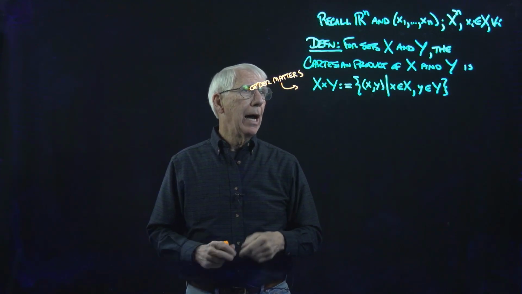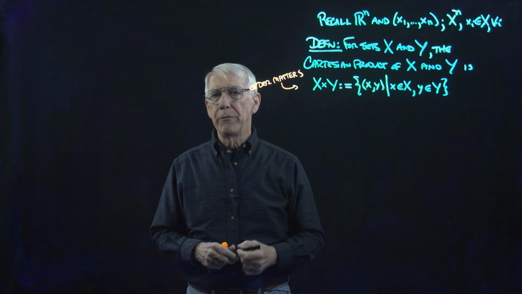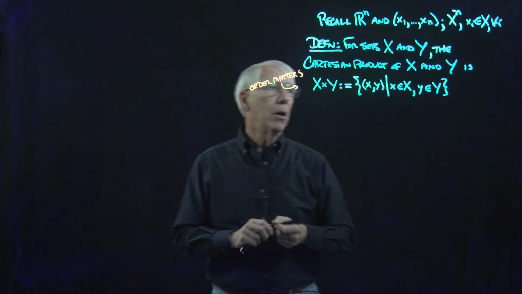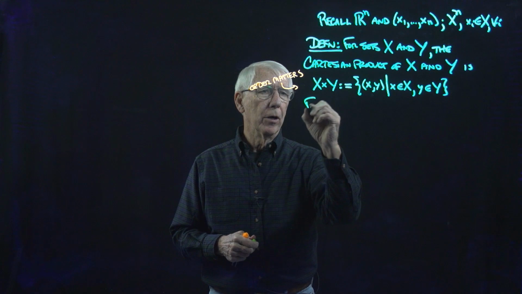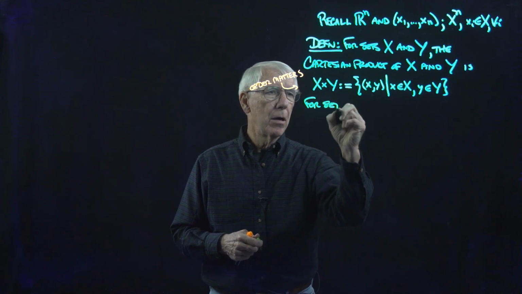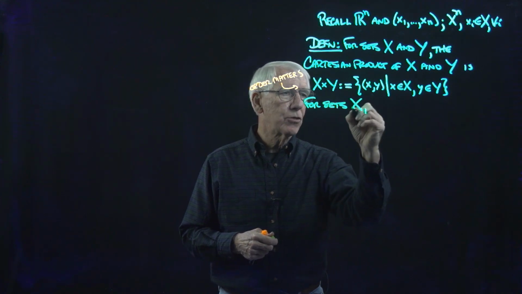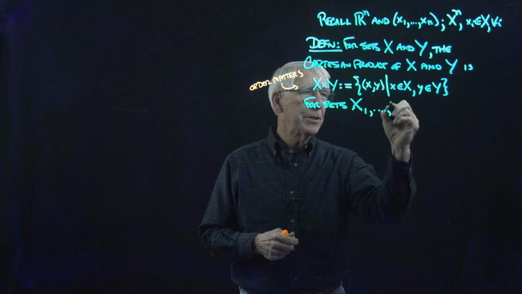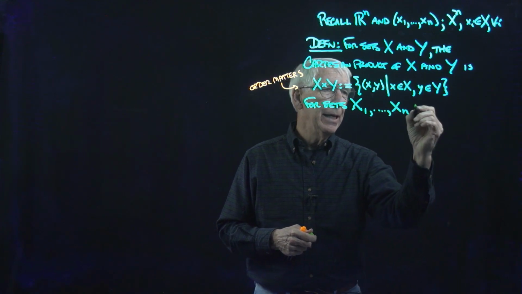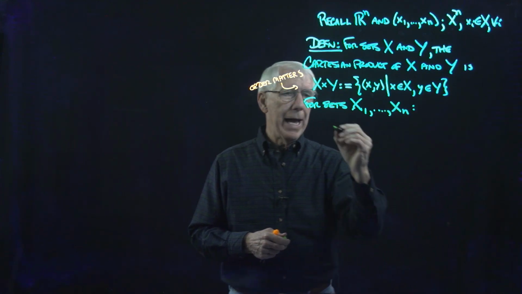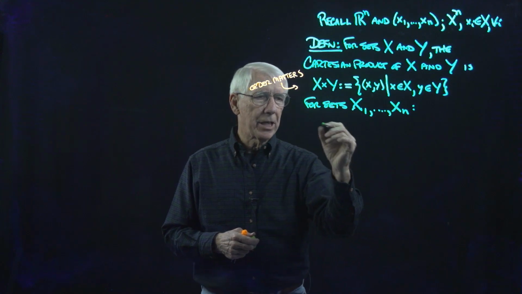And we can do the same thing for an arbitrary finite number of sets. We would say for sets capital X_1 out to capital X_n, we can write this a couple of ways.